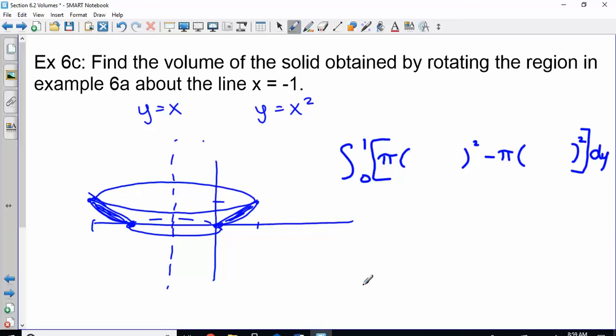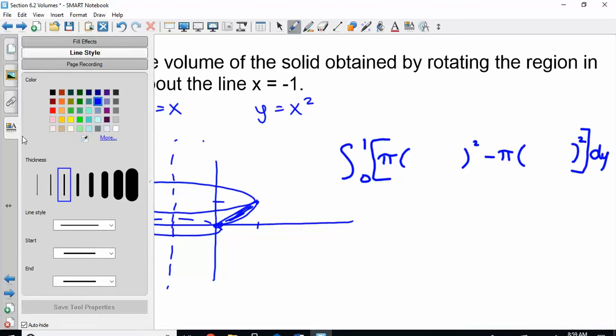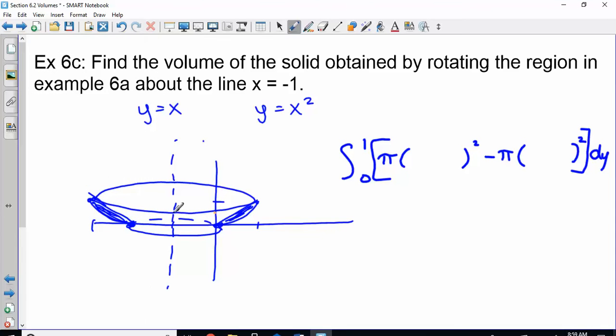Now we need to figure out what's going to go in that little parenthesis. If I take a horizontal slice of this, it is circular, so that's why we're doing the pi r squared.